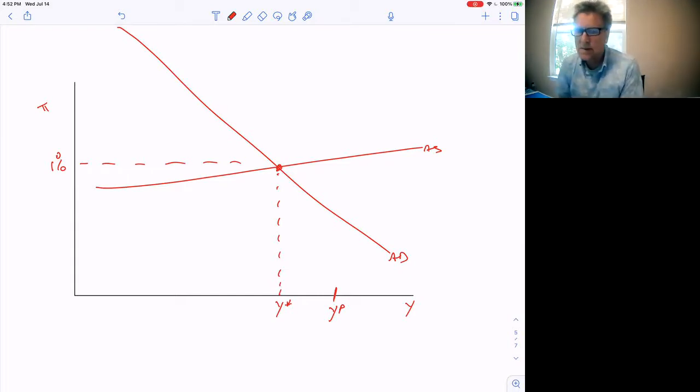Well, Congress and the president could try to do some fiscal policy, increasing government spending or lowering taxes to increase aggregate demand if they want to. Or the Federal Reserve could try to do something, which would be to increase the money supply.